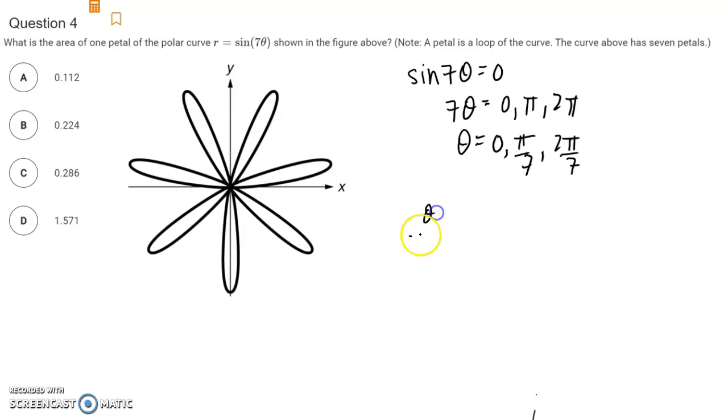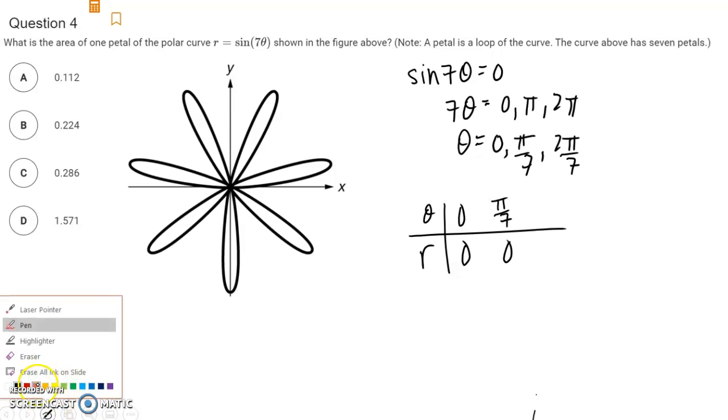Okay, so when we fill this chart out, 0 is obviously going to give us 0. Pi over 7 is going to give us 0 as well. So if we think about tracing a petal, I start here at 0, 0. And then at pi over 7, I'm back to 0. So it actually traces this entire petal here.